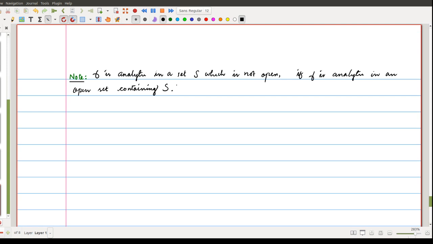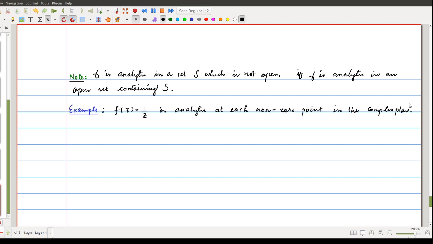In general, f is said to be analytic in a set S which is not open if f is analytic in an open set containing S. Whether S is closed or not, f is said to be analytic in S, which need not be open, if f is analytic in an open set containing S. Then we get the analyticity of f inside an arbitrary set.